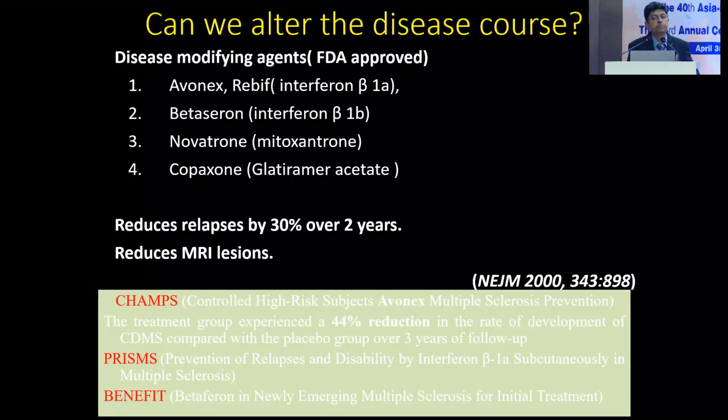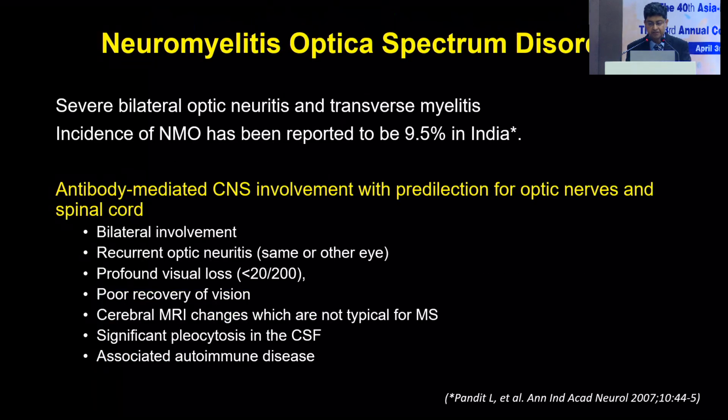In a child, you hope that it may be related to a mild inflammation or infection, and may let it go at that and follow up the patient to see whether long-term disease-modifying agents are required or not. In an older patient, you need to actually discuss and be proactive, see the magnitude of MRI lesions and the risk factors for future development of multiple sclerosis when you want to discuss the role of disease-modifying agents along with the neurologist.